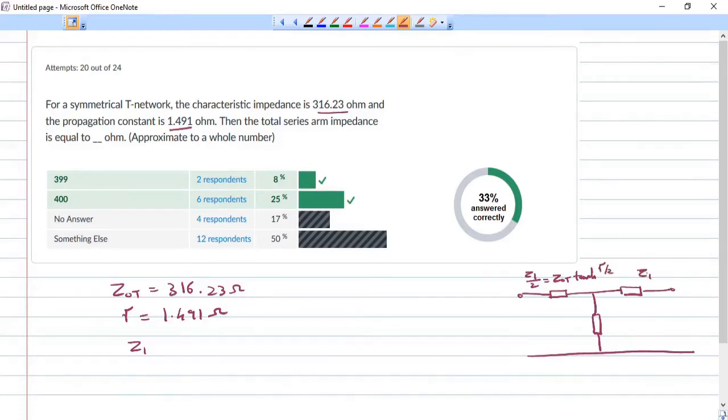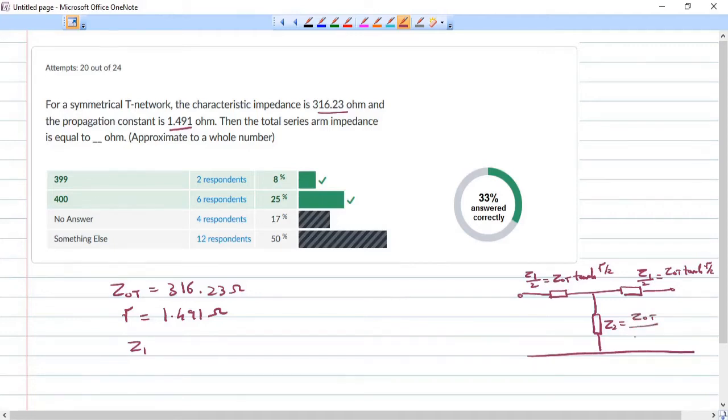This will also be Z1 by 2 is equal to Z0T tanh gamma by 2. And the shunt arm impedance Z2 is equal to Z0T by sinh gamma.